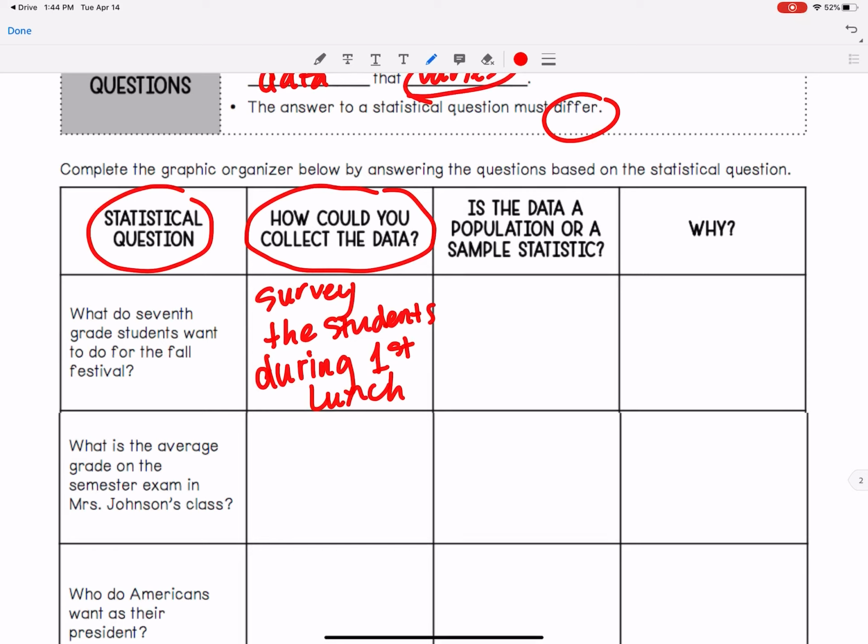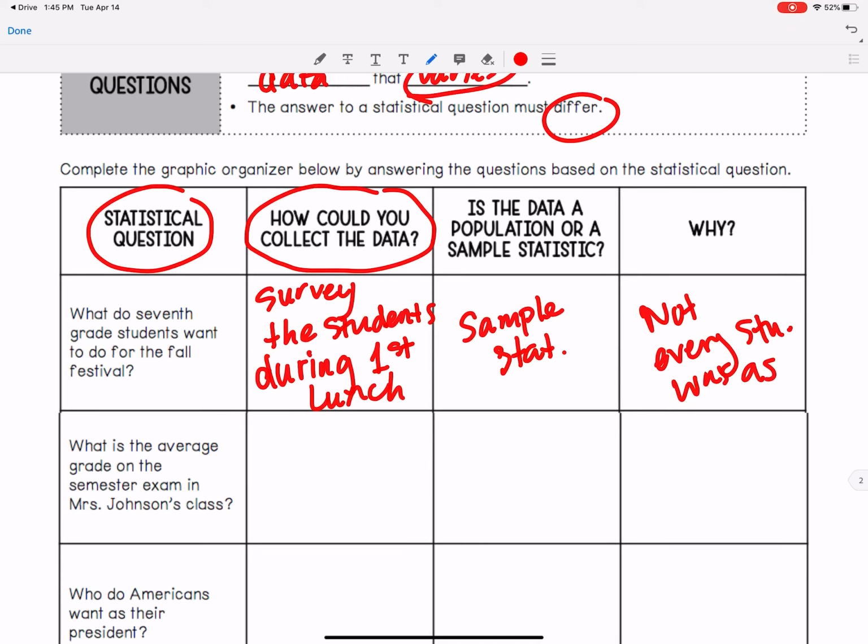Is the data a population or a sample statistic? This one would be a sample statistic. And why? Well, because not every student was asked. Okay, next question. What's the average grade on the semester exam in Mrs. Johnson's class?